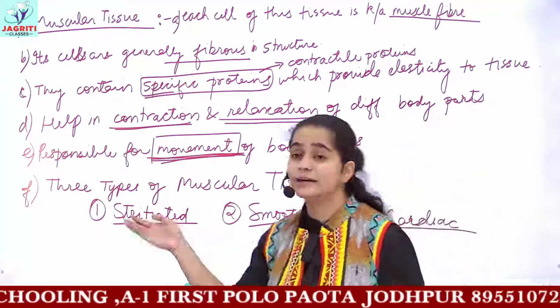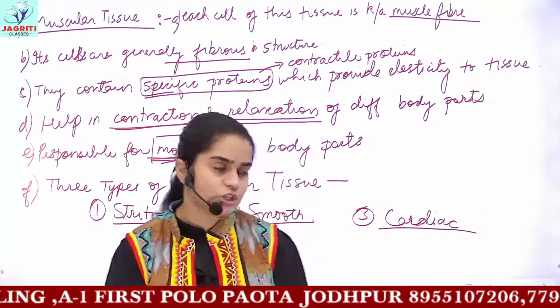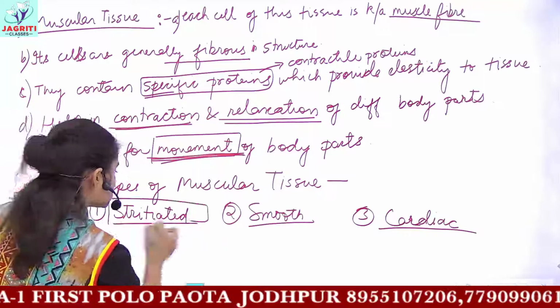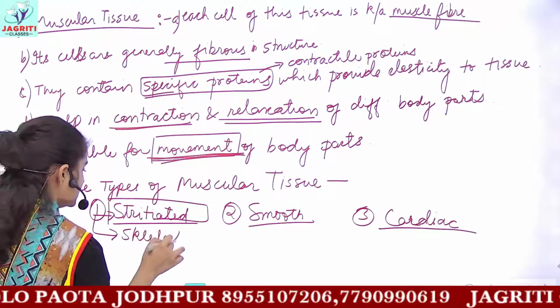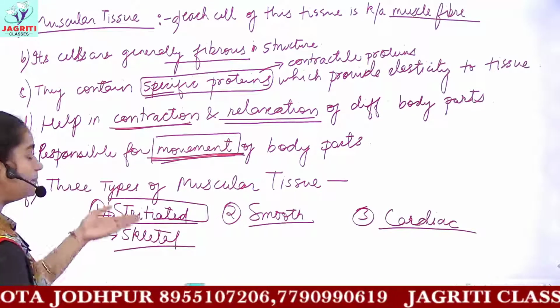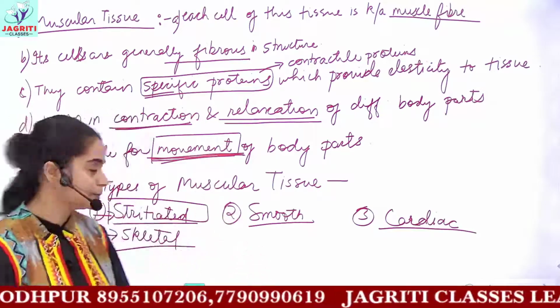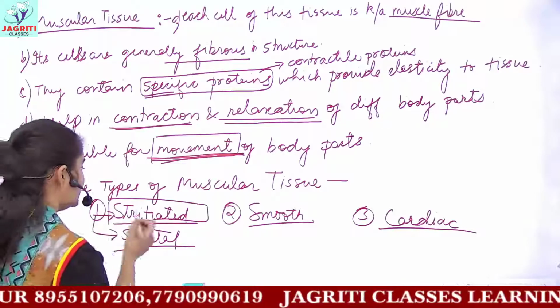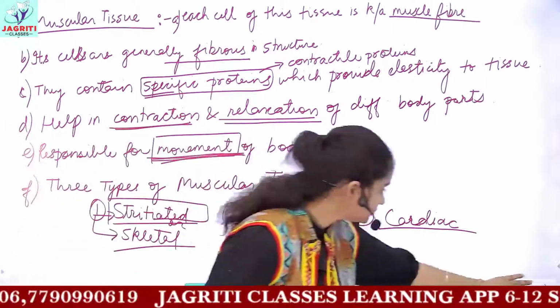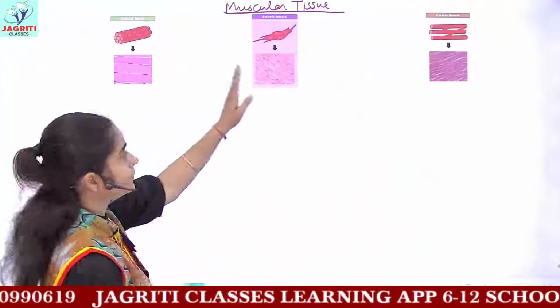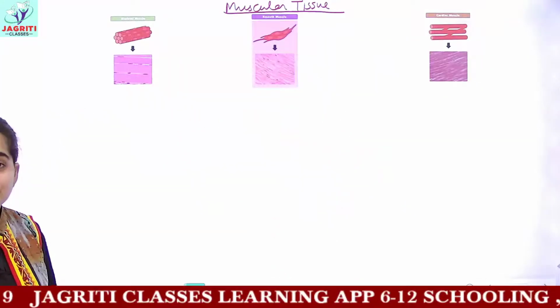That is, striated is also called skeletal. So we should know why it is named striated, and then why it is named skeletal muscle. Both names are given to the first category; both are the same tissue. You can either refer to them as striated or skeletal. So these are the 3 kinds of muscular tissues which you have.